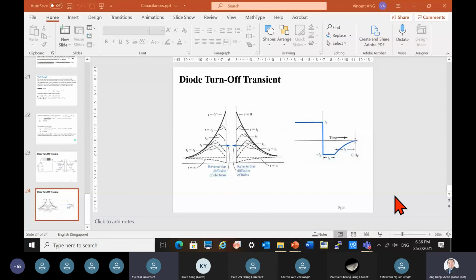What if the PN junction is in reverse bias? Yes, so let's say you reverse bias the PN junction and you're trying to switch it to forward bias. During the time when the reverse bias is going towards forward bias, there would be a redistribution of the space charge needed to correspond to the change in the applied voltage. During this time, the response is controlled by the junction capacitance.